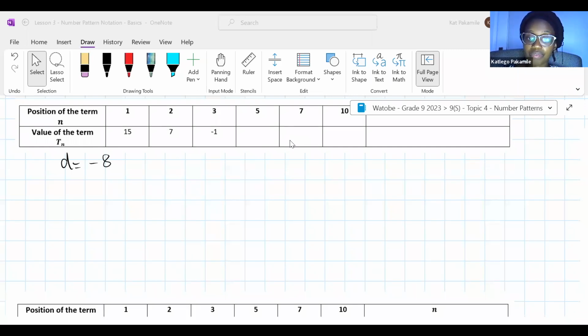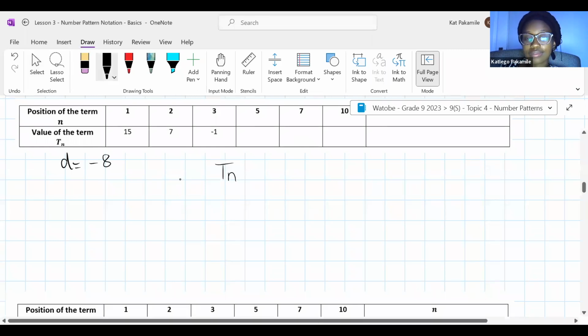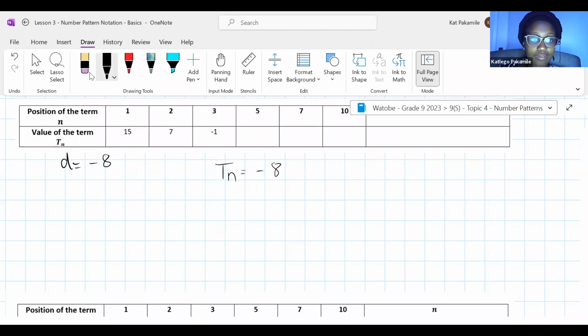Okay. Alyssa, are you gonna help me with the formula? Ma'am, the formula is Tn equals -8 multiplied by -8.